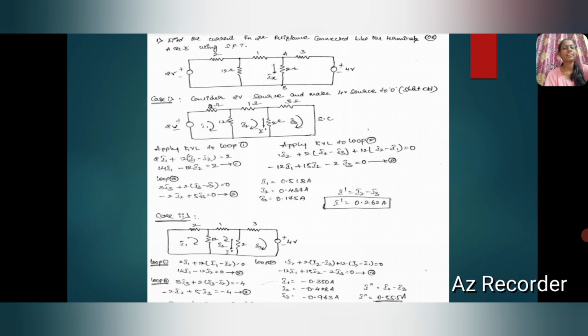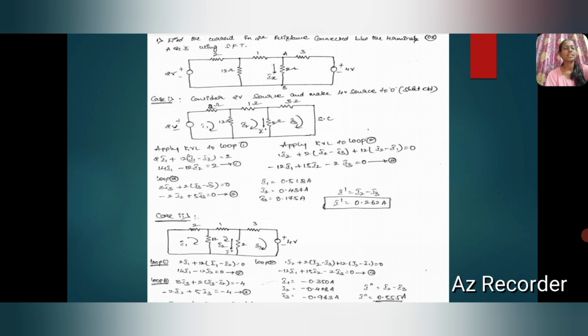Now applying KVL to loop 2: I2 plus 2 into I2 minus I3 plus 12 into I2 minus I1 is equal to 0. By simplifying, we get minus 12I1 plus 15I2 minus 2I3 is equal to 0.